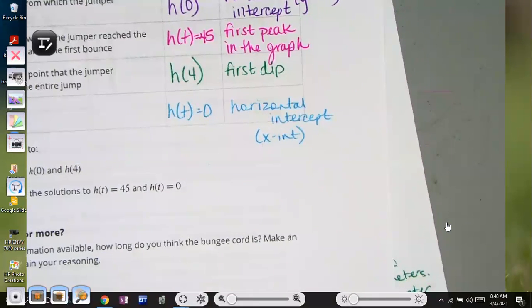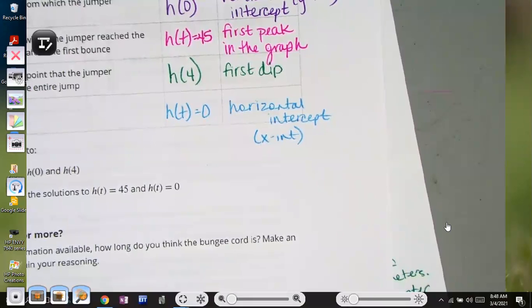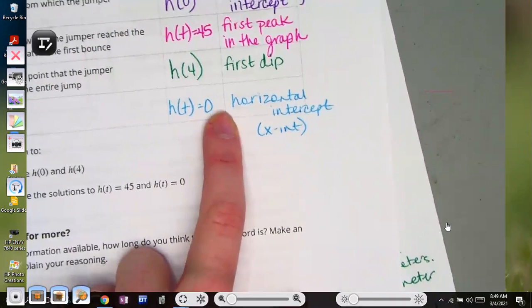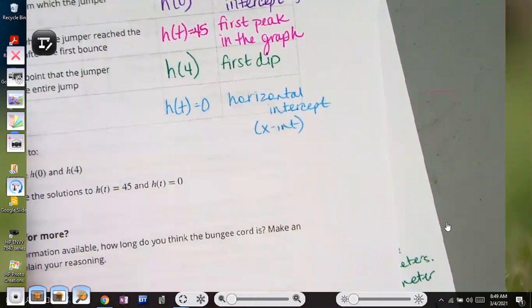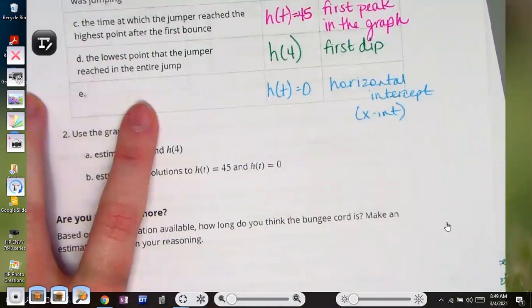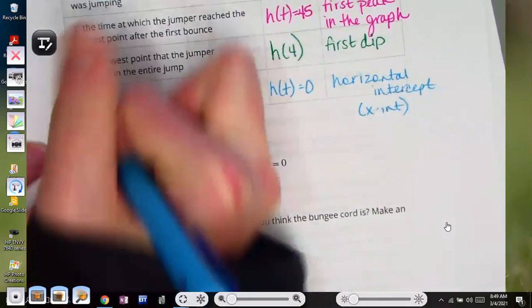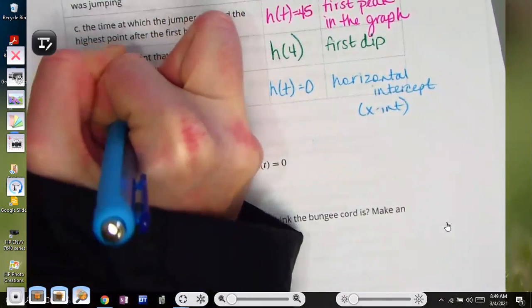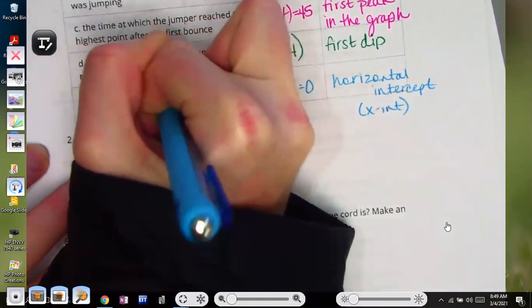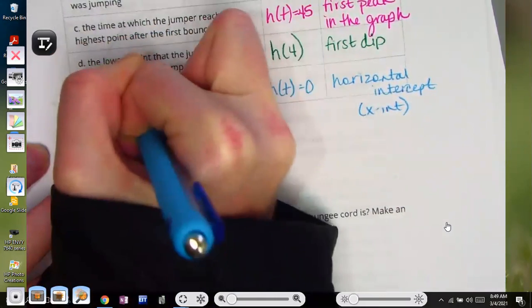We'd be in the river, right? If we hit at 0 feet, what would we be hitting? The water. So at that horizontal intercept, the jumper hits the river.